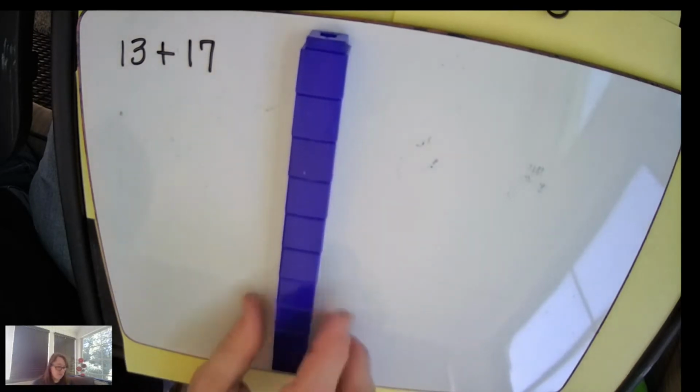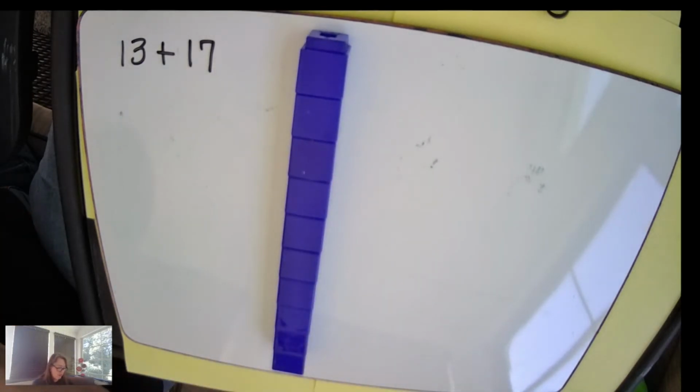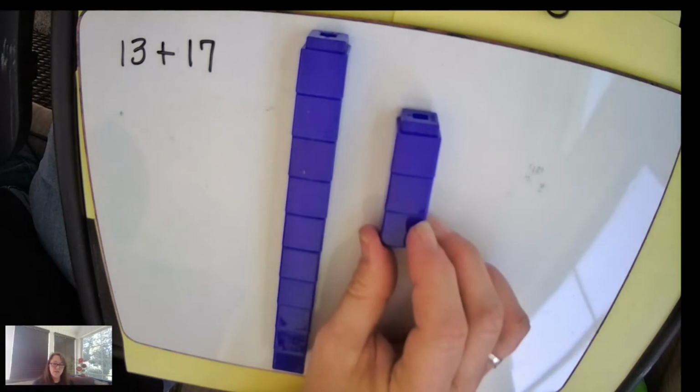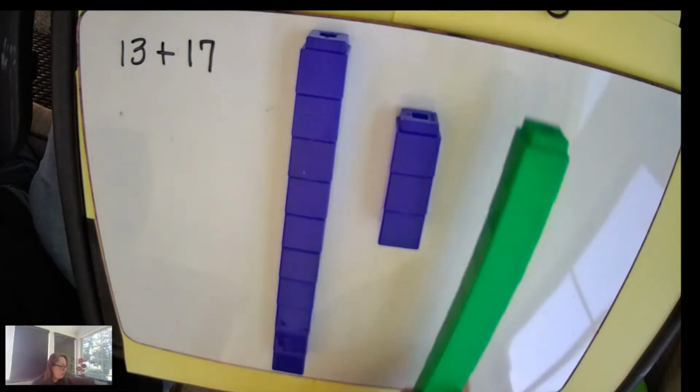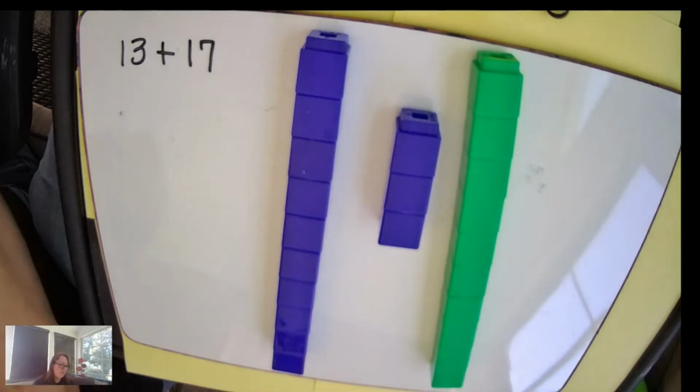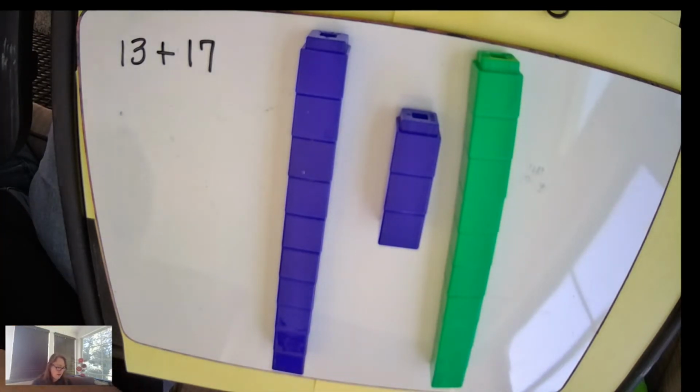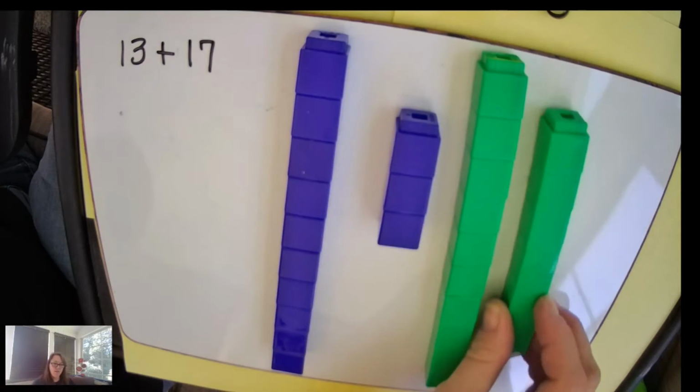Okay, so she says 13, she knows, is 1 ten and 3 ones. And 17 is 1 ten and 7 ones.